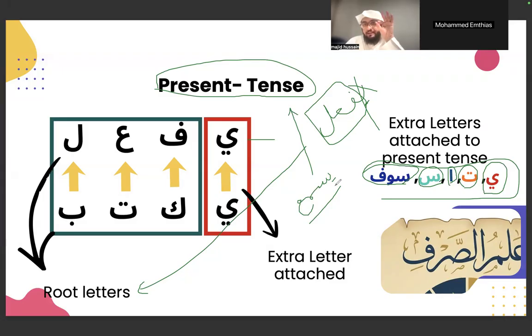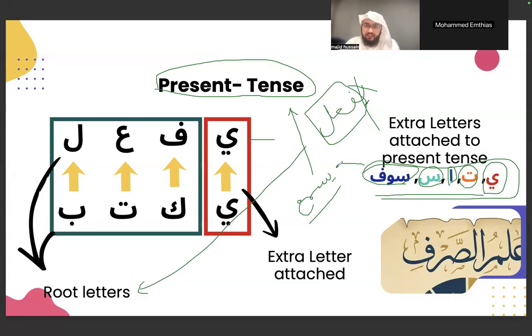I know that ya is an extra letter that's always attached to the verb, and it always comes in the beginning. All of these letters will appear in the beginning of the verb. If they are in the middle or the end, they are actually part of the root letters.